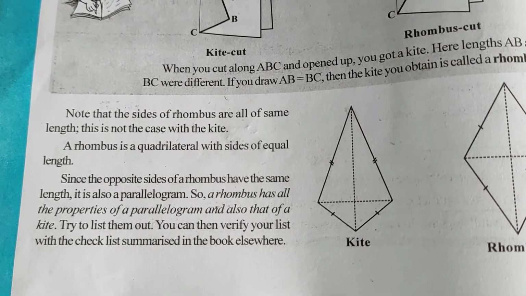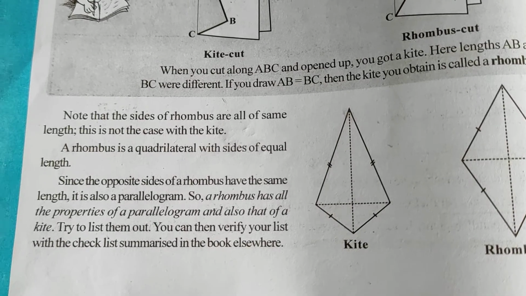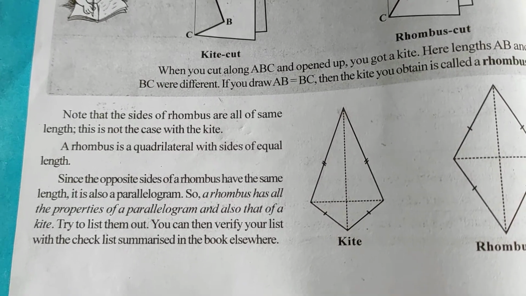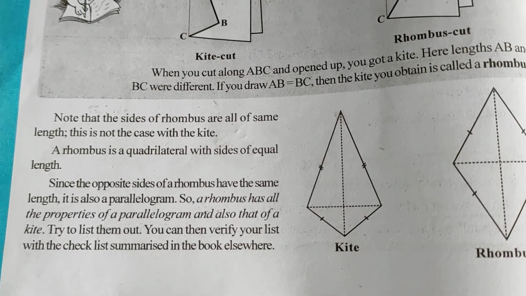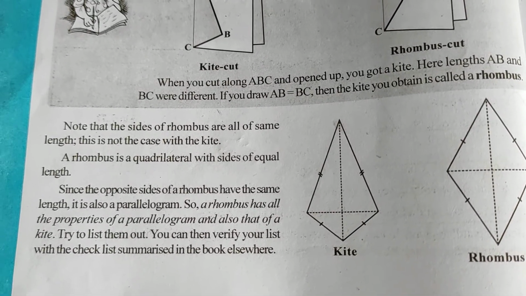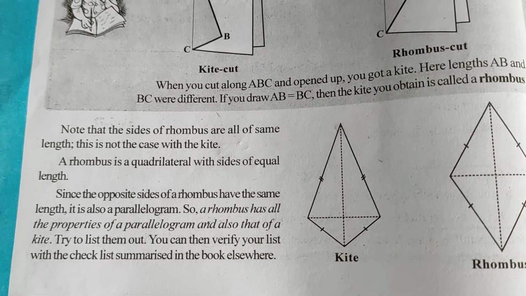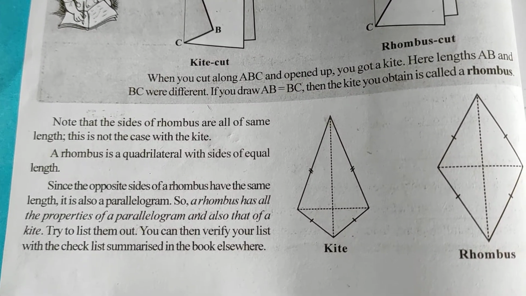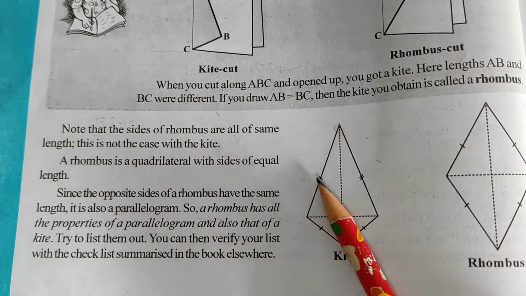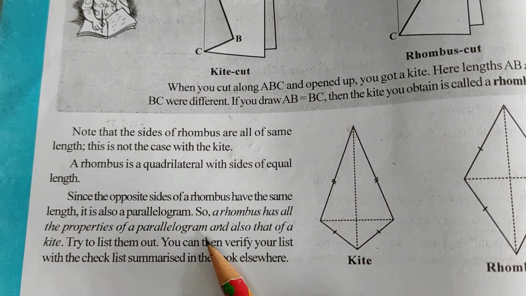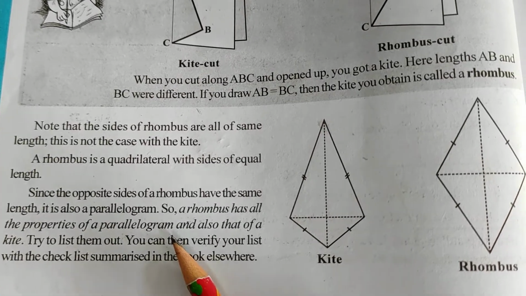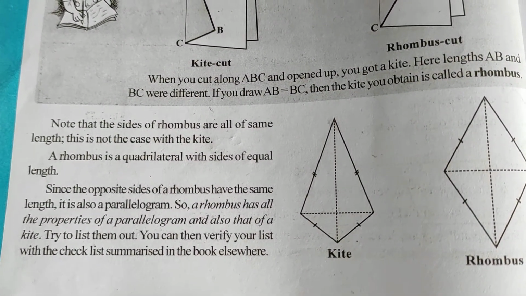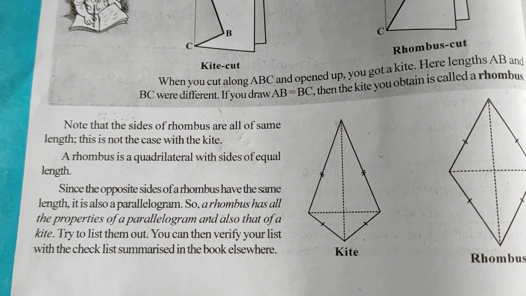Since the opposite sides of a rhombus have the same length, we can say that a rhombus is a parallelogram, but every parallelogram need not be a rhombus. So a rhombus has all the properties of a parallelogram. In a parallelogram, opposite sides are equal, opposite angles are equal.